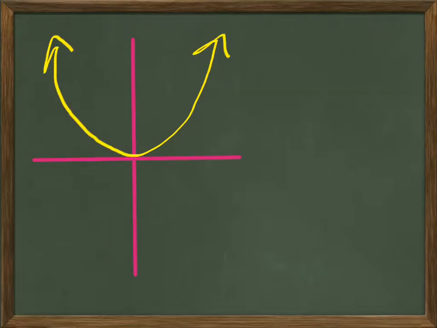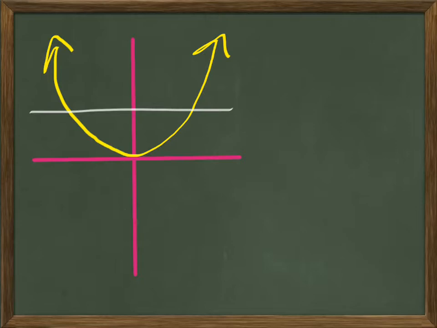Let's look at another function. This is a quadratic. It is represented by the parabola. And we know it's a function because it does pass the vertical line test. But as you can see, when we draw a horizontal line across the graph, it crosses in more than one place.